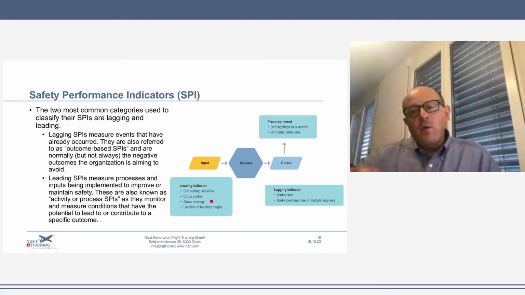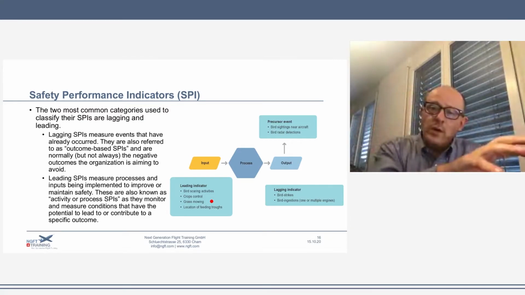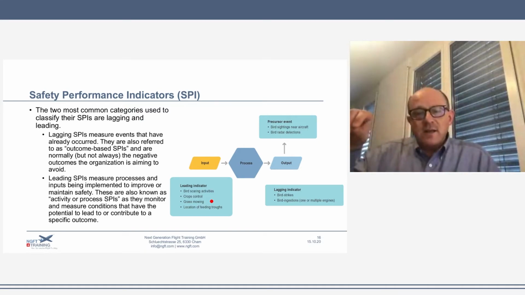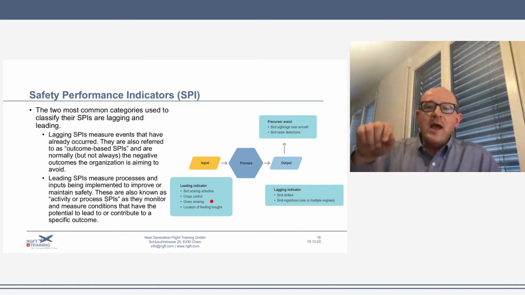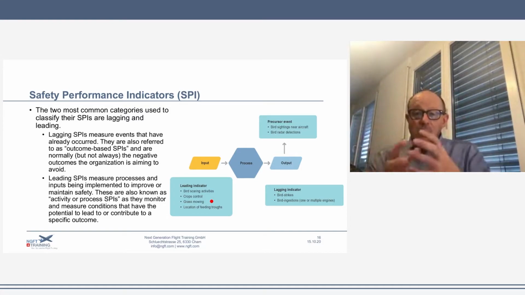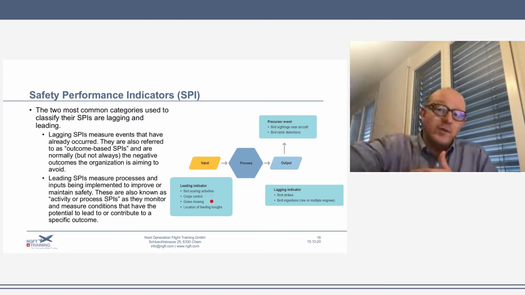Before we can actually do the leading indicators, we need to understand the lagging indicators and derive additional measurements that can be leading indicators. Because in the current situation, we first need to understand what has happened, and only then are we able to do the predictive part.